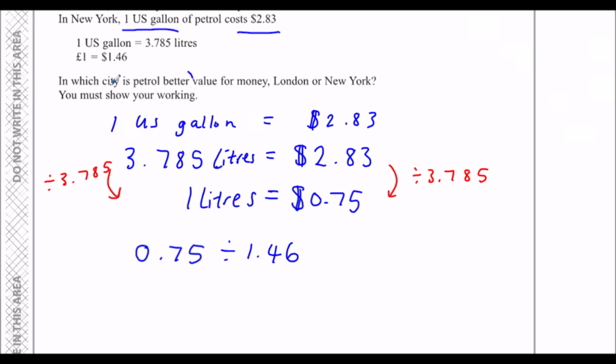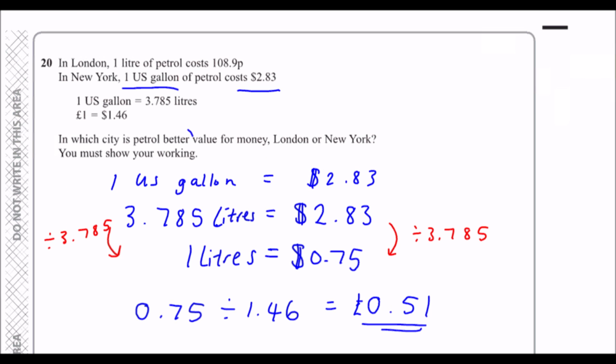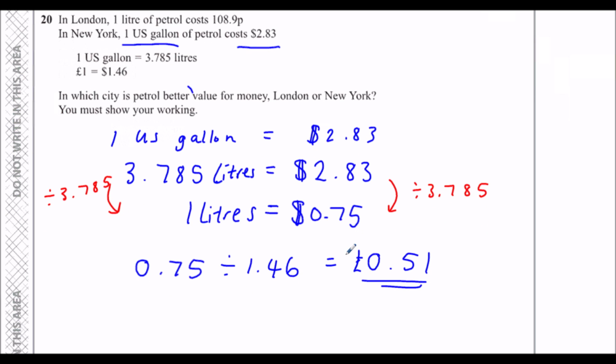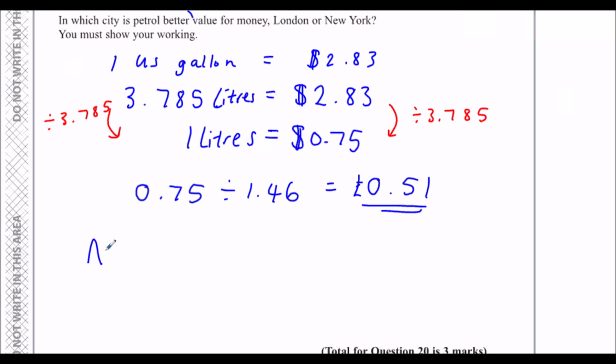To go from dollars back to pounds, divide by the exchange rate. So the number in the calculator, divide by 1.46. And that gives me, in pounds now, £0.51. So where's petrol cheaper? It's a lot cheaper in New York. So in New York.